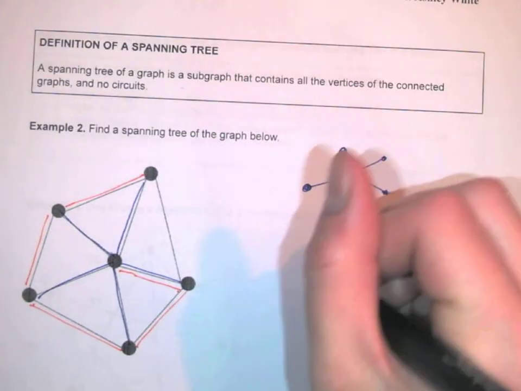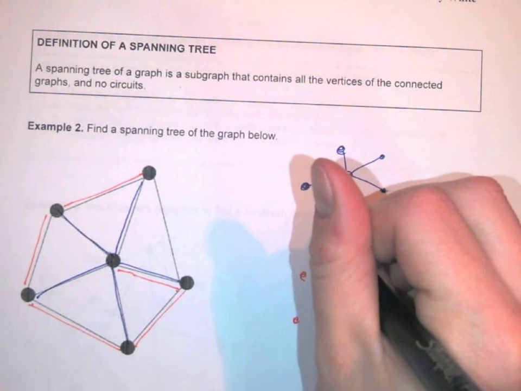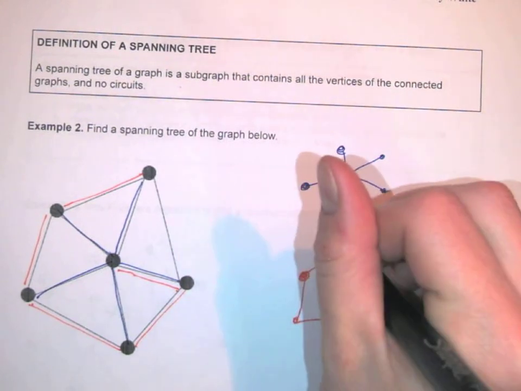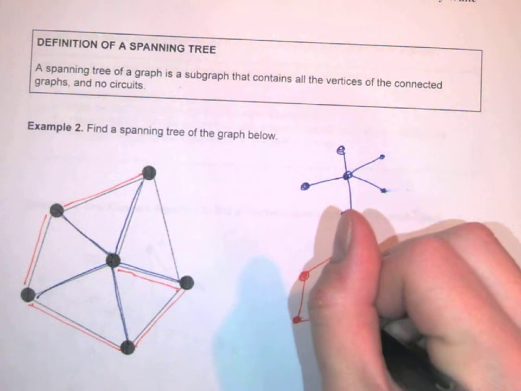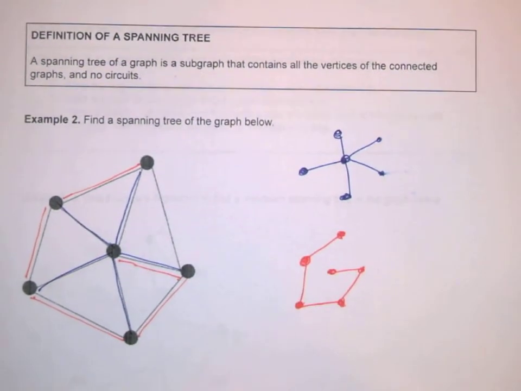So I had 1, 2, 3, 4, 5, 6. 1, 2, 3, 4, 5. That's another example of a spanning tree for the same graph. All of the vertices are included, and a subset of the edges are included to make it a tree.